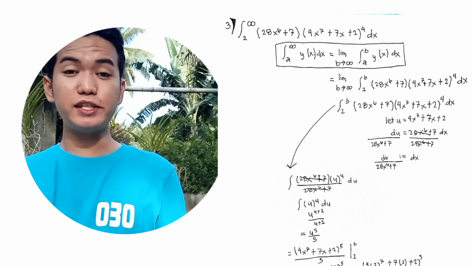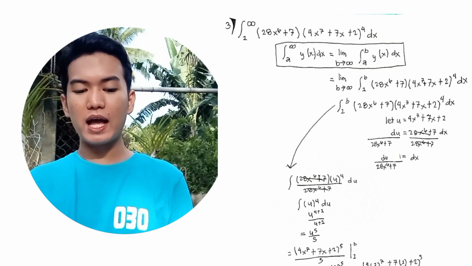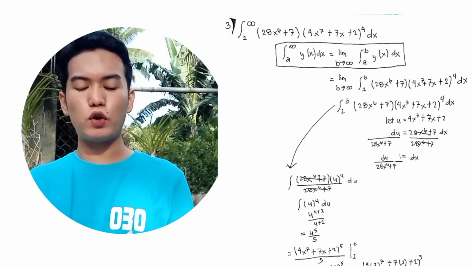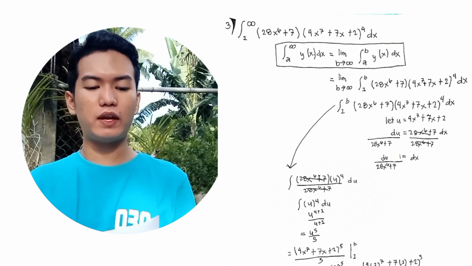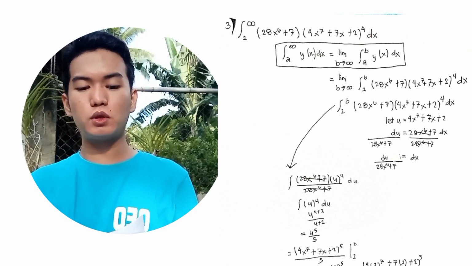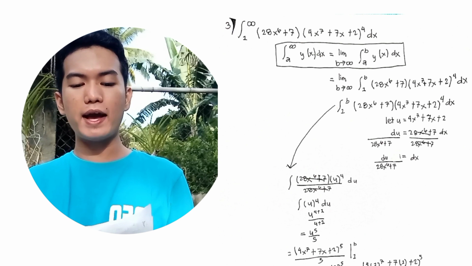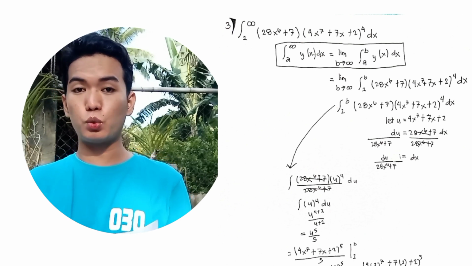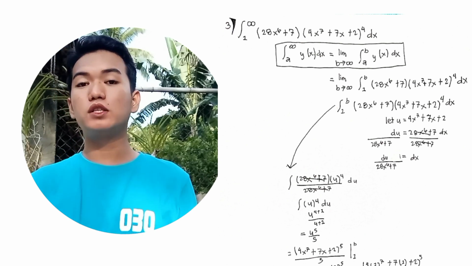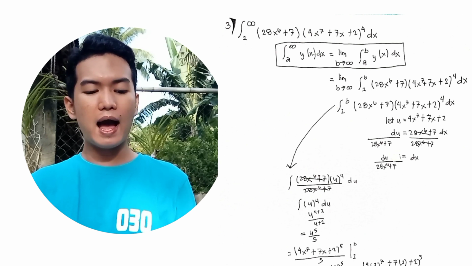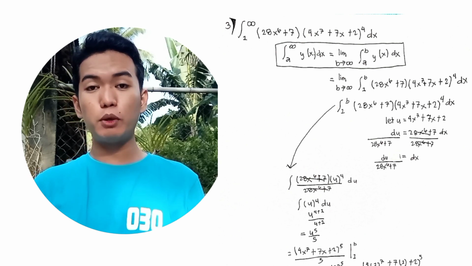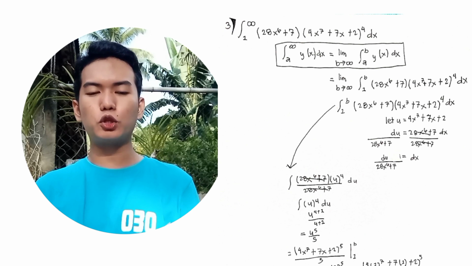Last but not the least, number 3. In number 3, I am asked to evaluate the integral with lower limit of 1 and upper limit of infinity of 28x to the power of 6 plus 7, times 4x to the power of 7 plus 7x plus 2 to the power of 4, dx. Again, firstly, I have to determine what formula to be used.